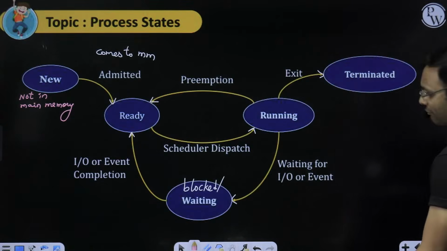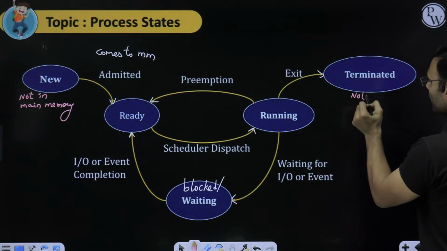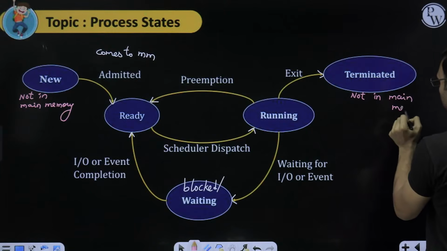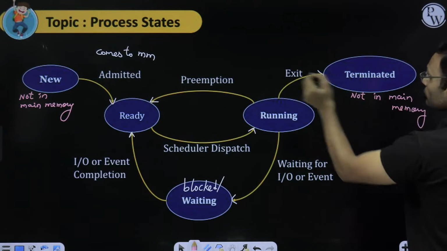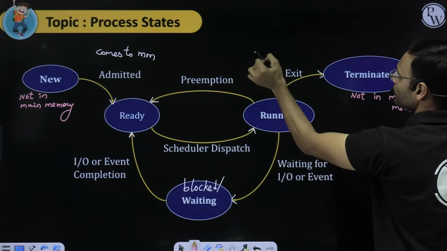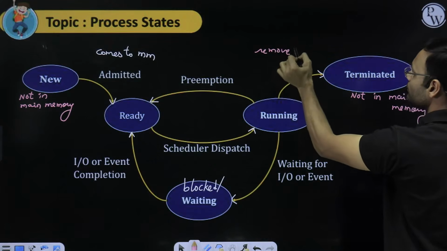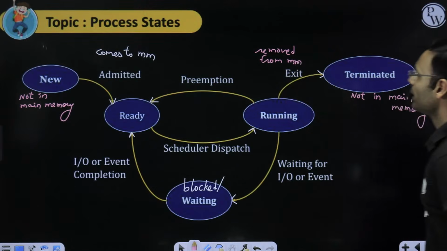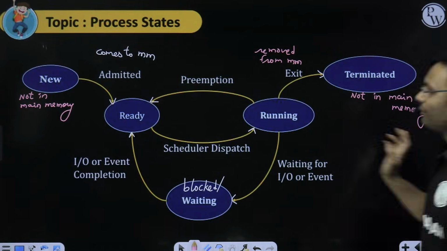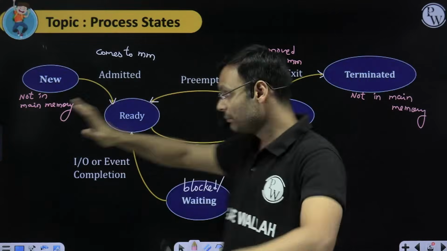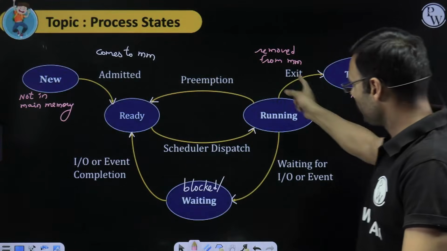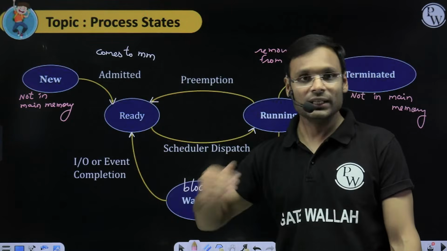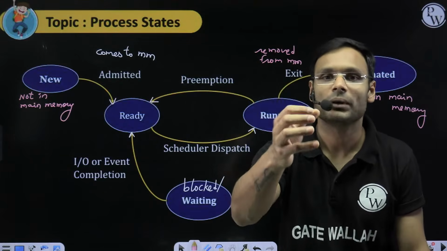So after going to terminated state, the process will be removed from main memory, removed from main memory when it takes the transition to terminated. So when a process is in new state, it is not in main memory; in terminated state, not in main memory. When the process is in the other three states, then it will be there in main memory.